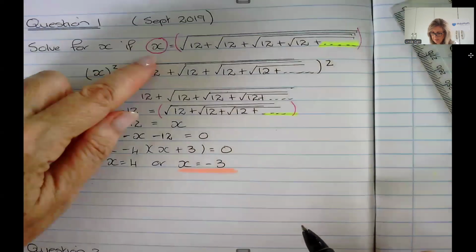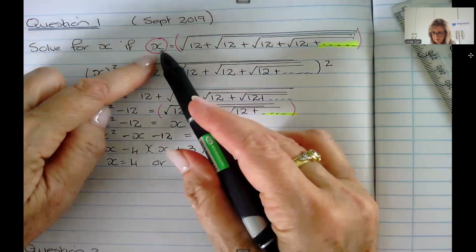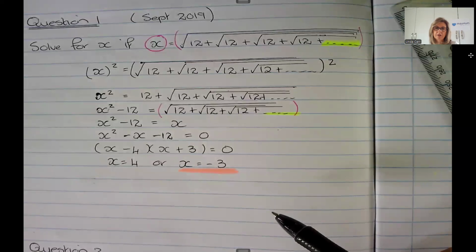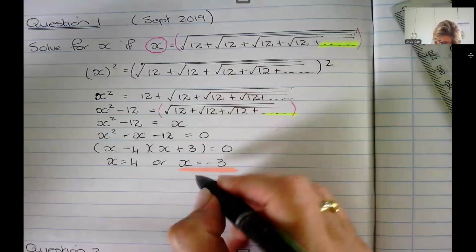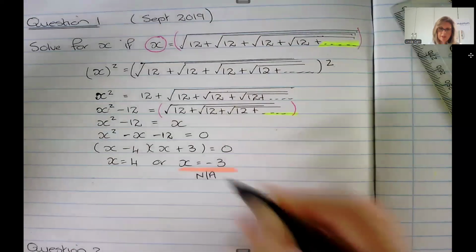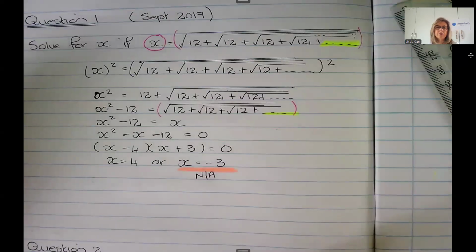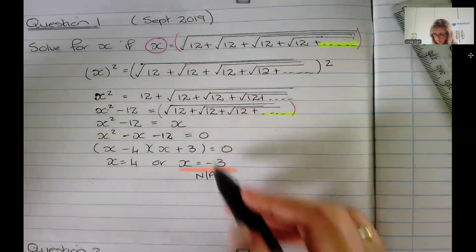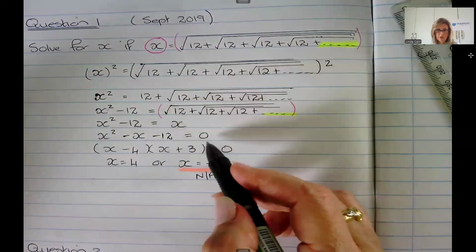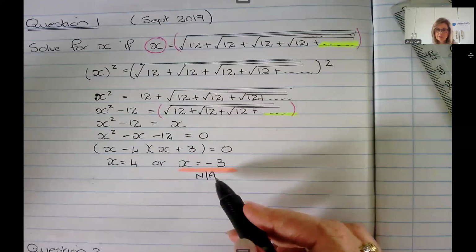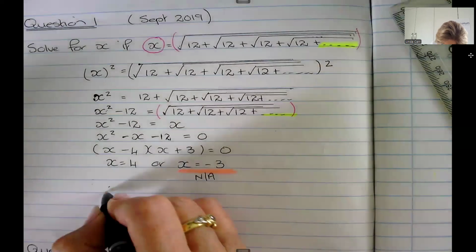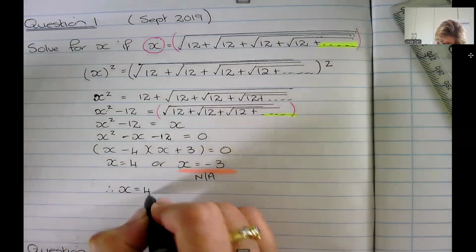But if you go back up here, if this is a negative number, you're saying the square root of all positive numbers adds up to a negative, which is impossible. So this solution is not applicable. It's better to say not applicable than x is not equal to -3, because x is equal to -3 for this equation, but the solution doesn't apply to the original equation. So the final answer is x equals 4.